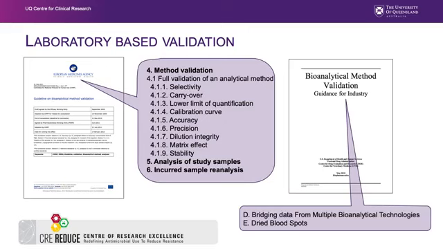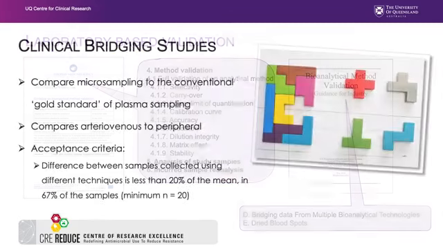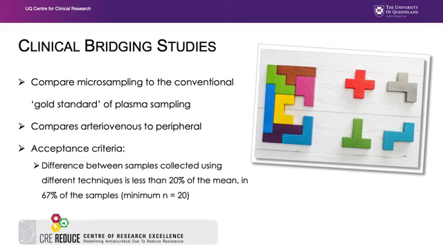One of the things that the FDA stated is that you can perform this laboratory validation, but you also need to provide a clinical bridging study. This clinical bridging study is where we're comparing the microsample to conventional sampling, but in patients. And this gives us information about arteriovenous sampling compared to peripheral sampling, and if there's any difference between the two.